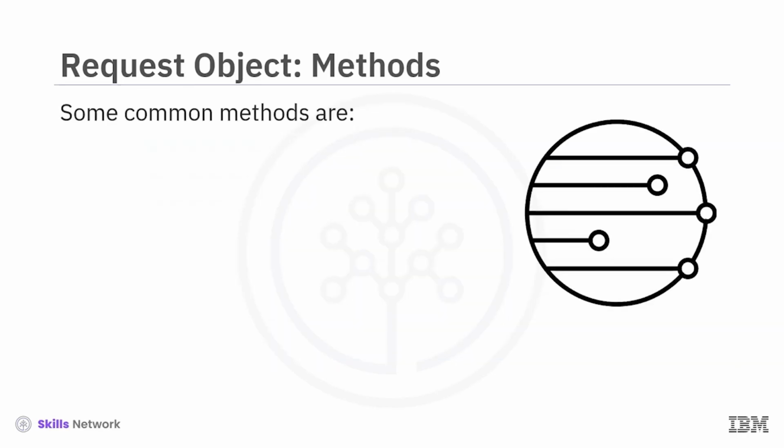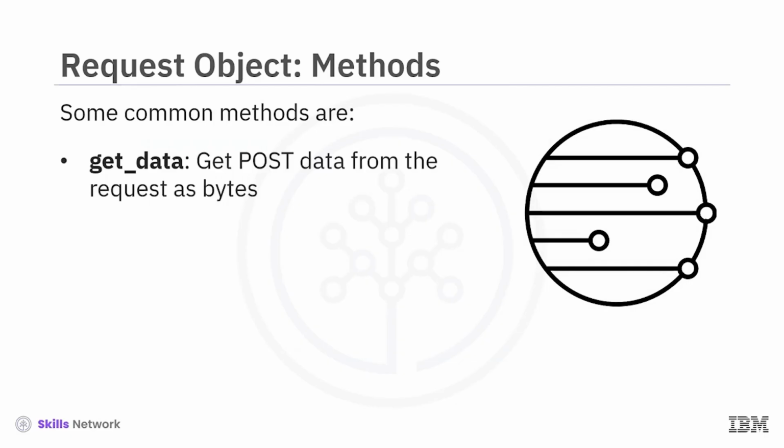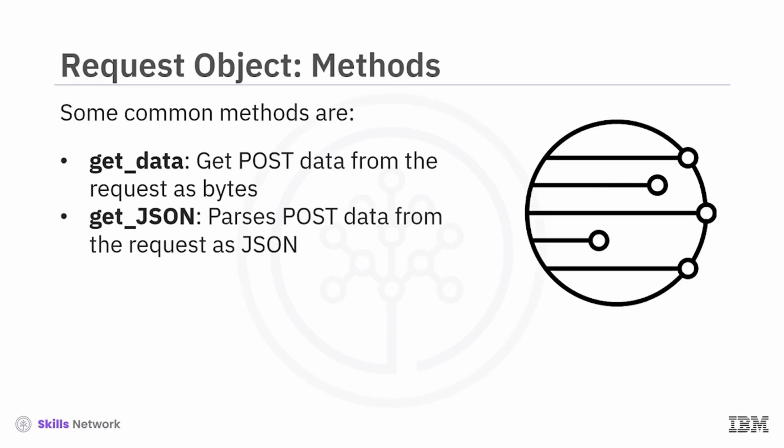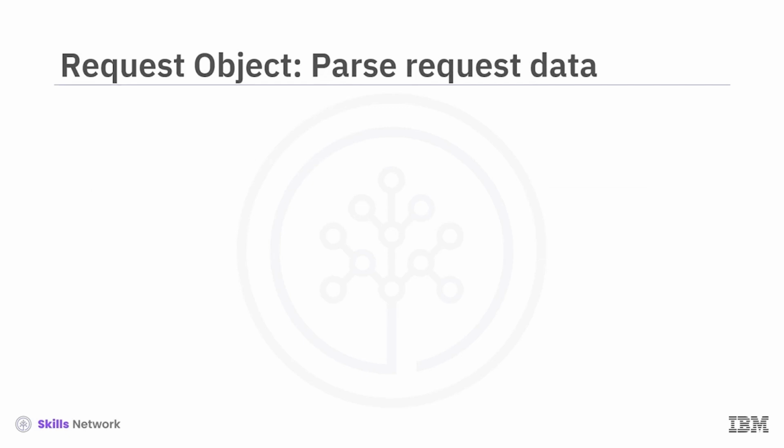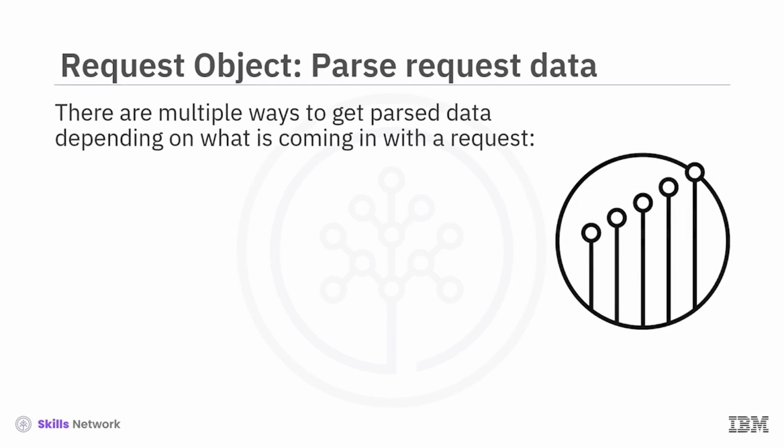There are multiple ways to get information from the request object. Use the get data method to access data from the POST request as bytes. You are then responsible for parsing this data. You can also use the getJSON method to get data parsed as JSON from the POST request. Now, Flask also provides more focused methods to get exact information from the request, so you don't have to parse the data into a specific type.